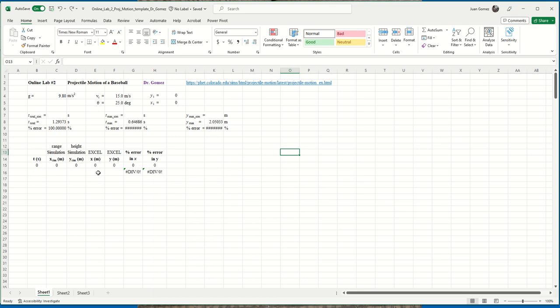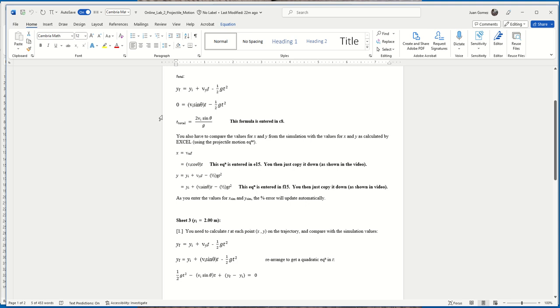What about all these other columns? Well, what we want to do is compare the x and y values that the simulation gives us along the trajectory with the values that we actually calculate. We'll do the calculations in Excel, but they're the values we calculate using the projectile motion equations.